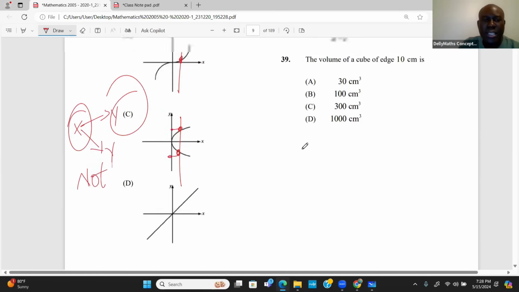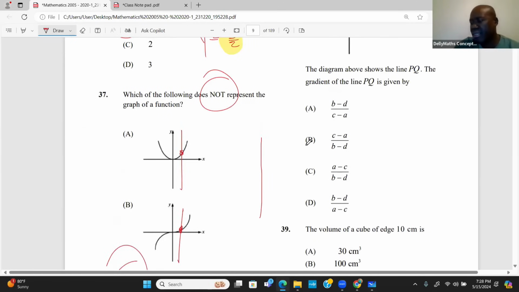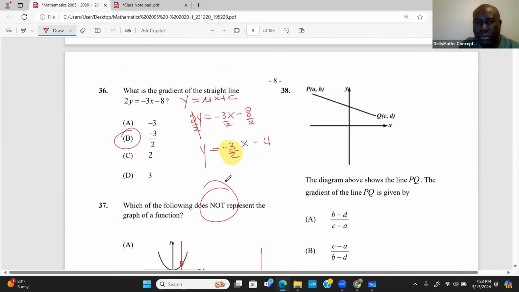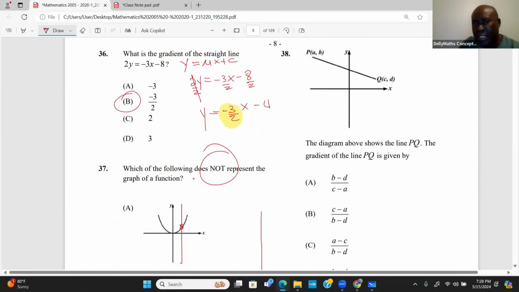All right, let's see the next question. Now for this, it says the diagram above shows PQ. The gradient of the line PQ is given by what? So what I want to do is still set up the regular idea, you know it.